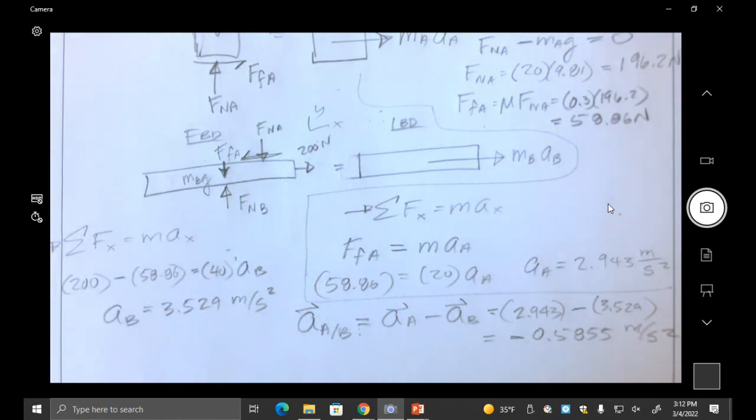So they ask us how long, this amount of time.